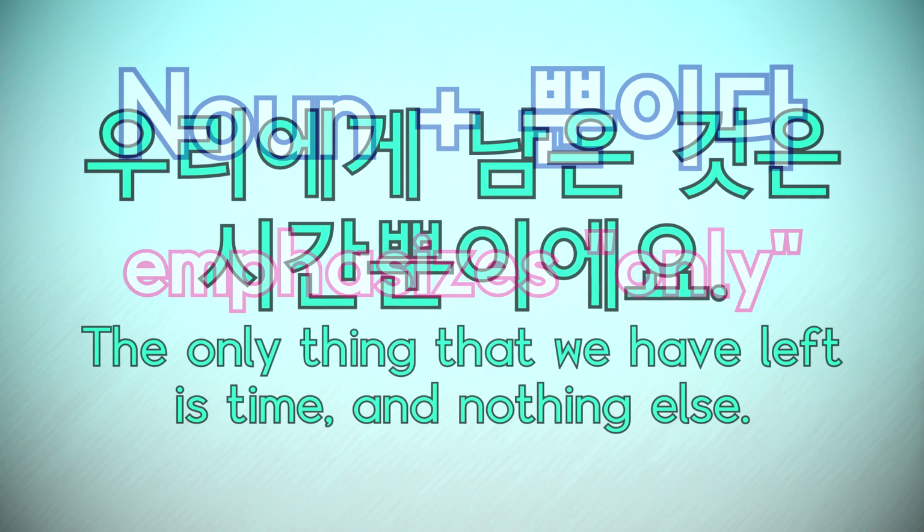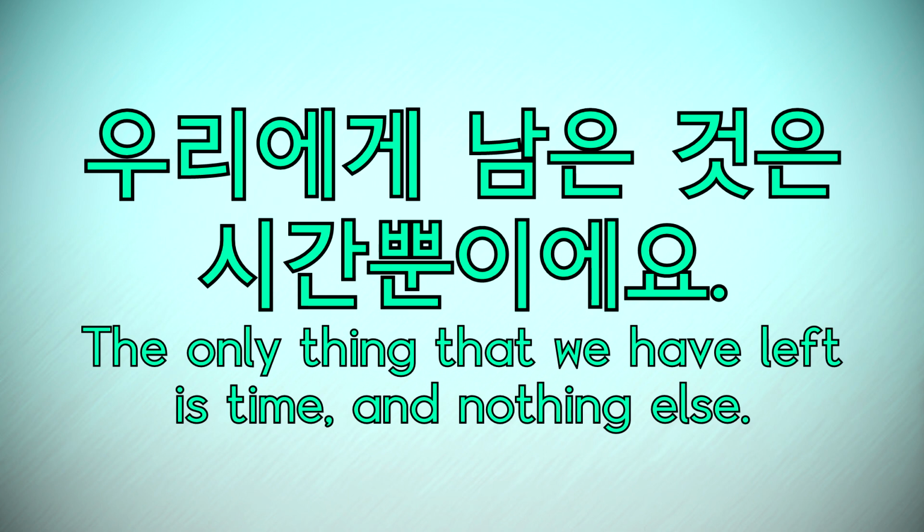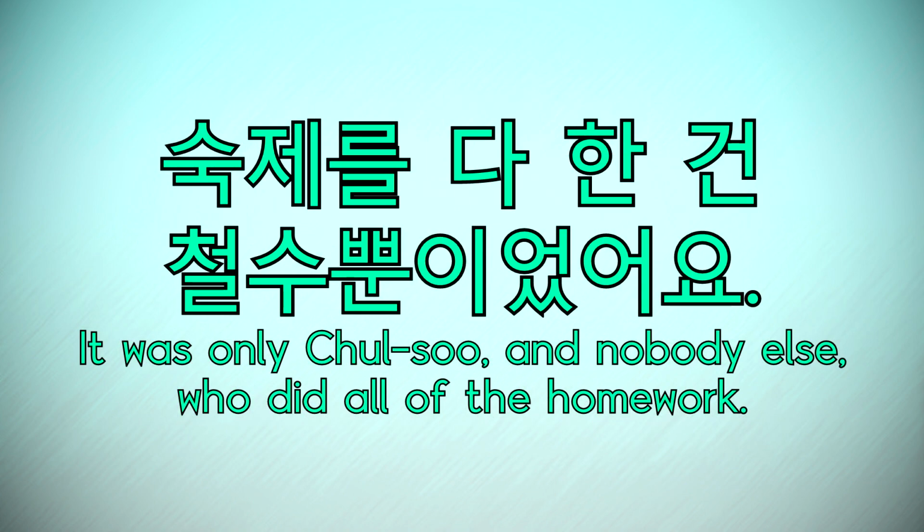Here are two more examples. 우리에게 남은 것은 시간뿐이에요. The only thing that we have left is time and nothing else. 숙제를 다 한 건 철수뿐이었어요. It was only 철수 and nobody else who did all of the homework.